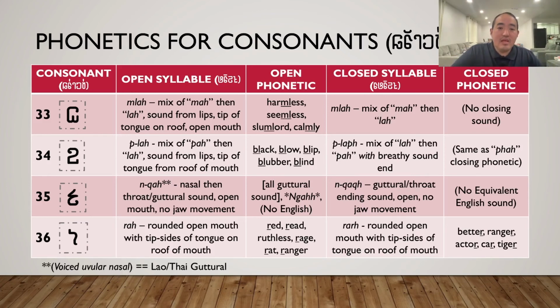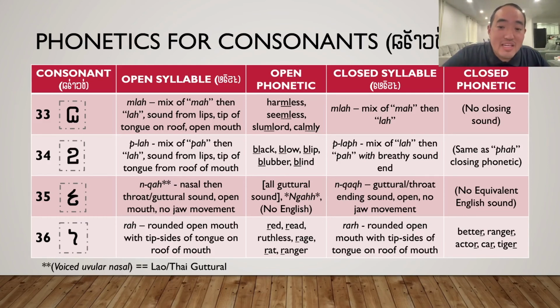Okay. Now on to our last consonant. This one is fairly straightforward, and it's an easier consonant. This one is pronounced ra, rar. You can have a trill with this as well. On the open syllable, it's more like a rounded open mouth with the tips of the sides of the tongue to the roof of the mouth.